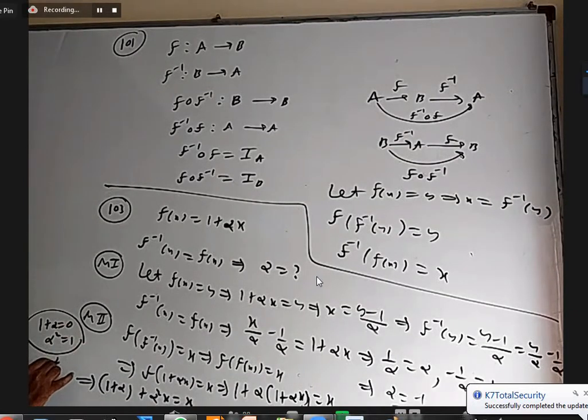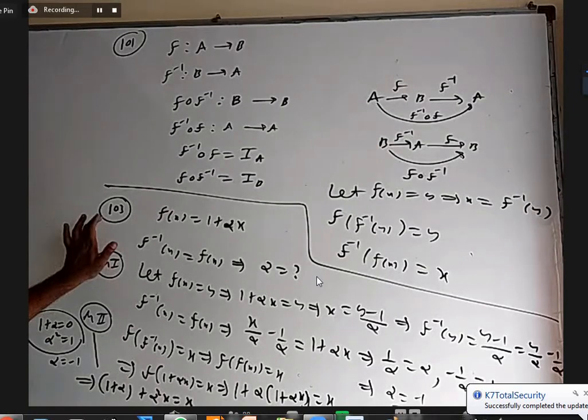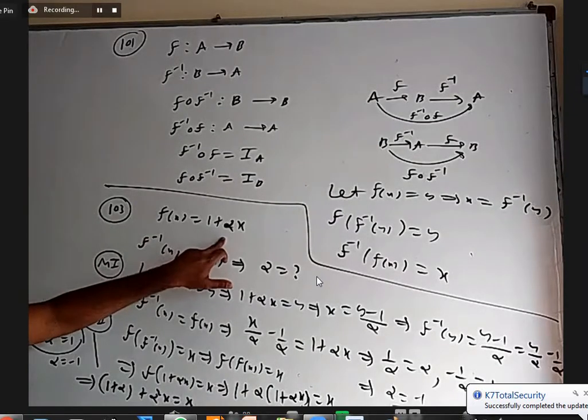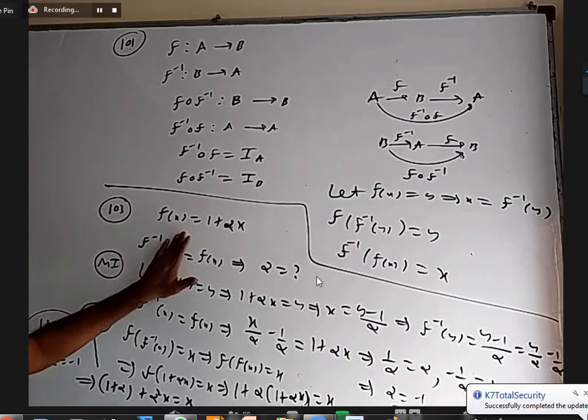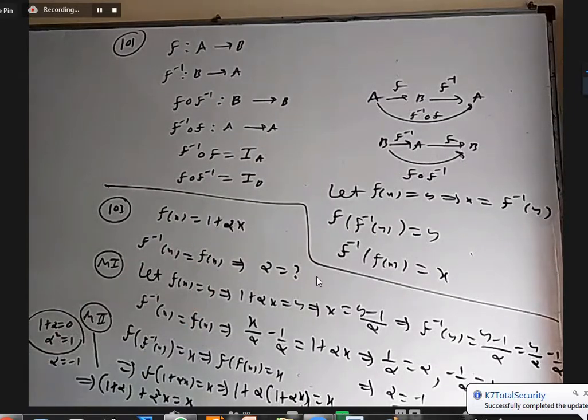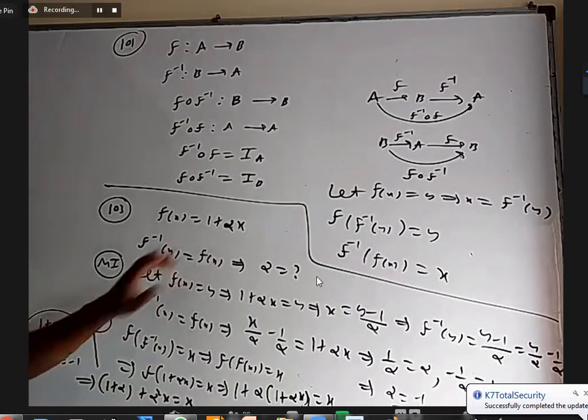Together again, I'll get alpha equal to minus 1. Okay, so we can do it like this or like this. Basically, they want alpha in such a way that f of x and f inverse x are both the same. I'll also tell you from the graph how to get this alpha equal to minus 1.